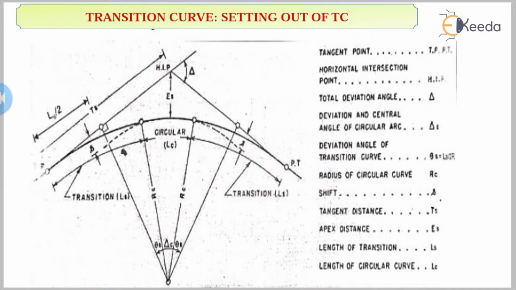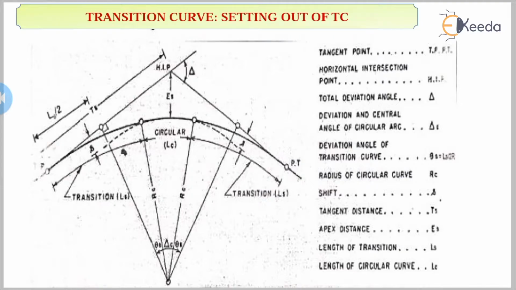The ES is the apex distance from the HIP point to the center of the circular curve, and the transition length is from TP, that is the tangent point, to the start of the circular curve, and from the end of the circular curve to PT, that is the point of tangency. The transition length is on either side of the circular curve.